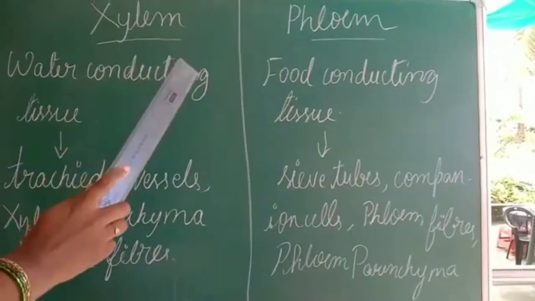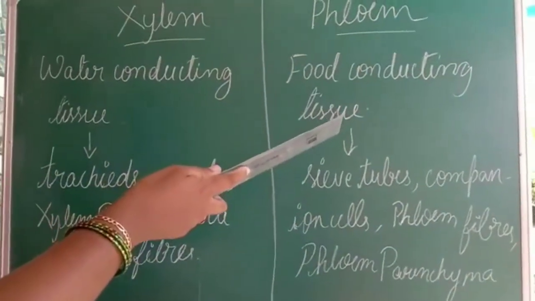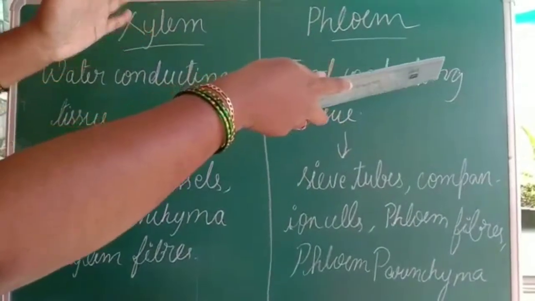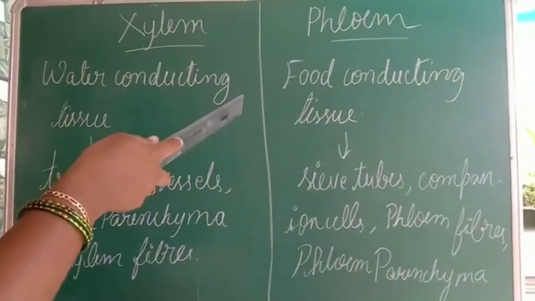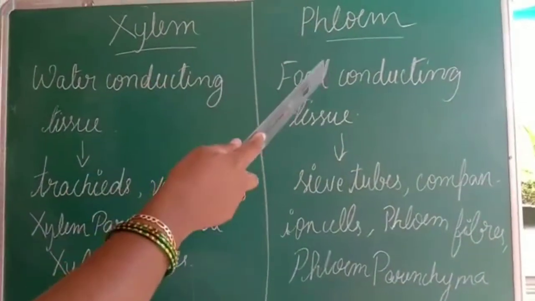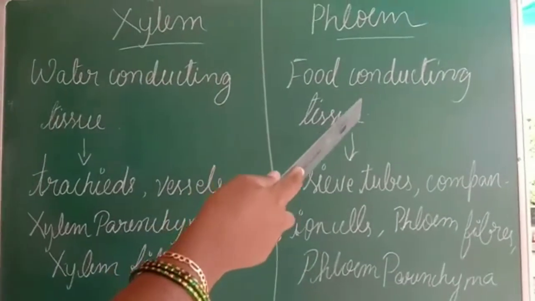Now the phloem tissue is called a food conducting tissue. That is the special difference between xylem and phloem. Xylem is a water conducting tissue and phloem is a food conducting tissue, which transports food prepared in the leaves to all the parts of the body.